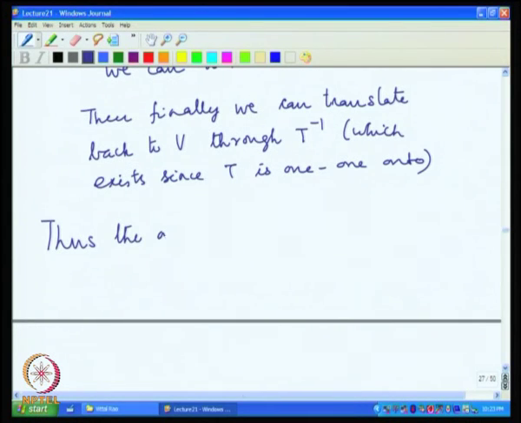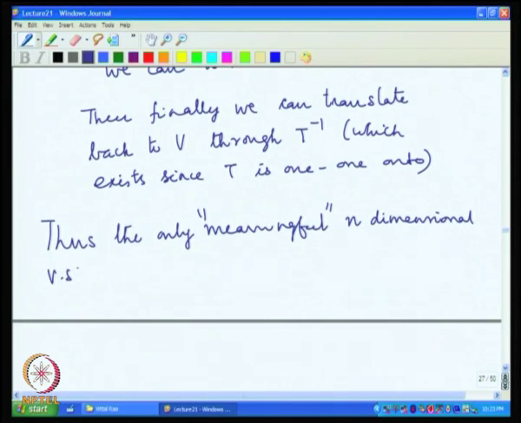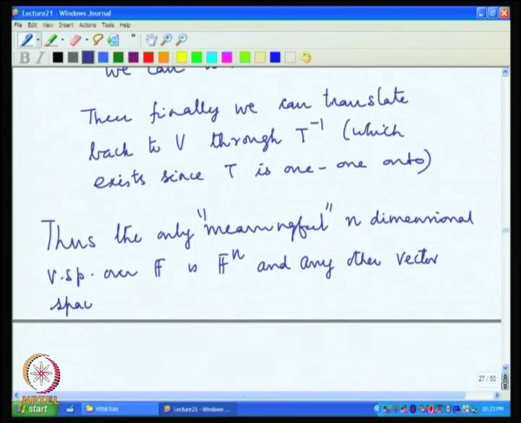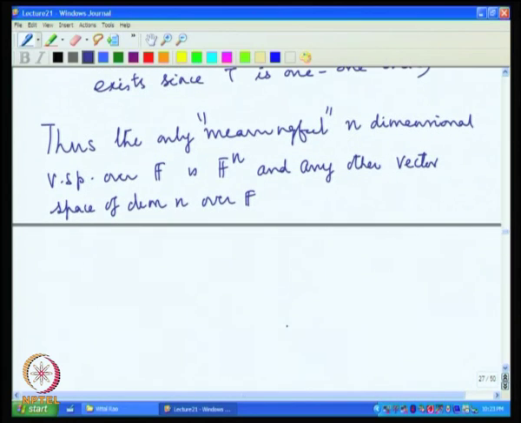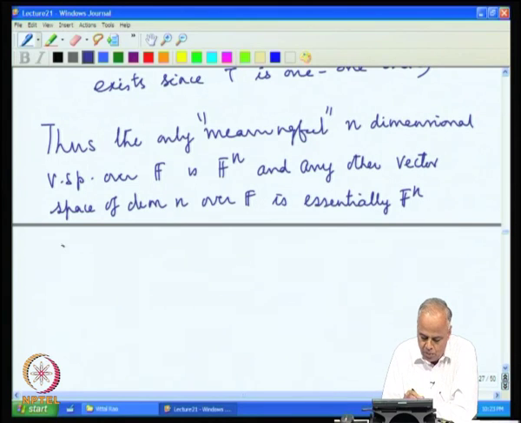So, we conclude by saying that the only meaningful n dimensional vector space over F, where meaningful means the easiest one to analyze, is F^n, and any other vector space of dimension n over F is essentially F^n spoken in another language.